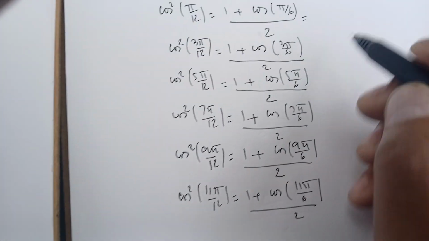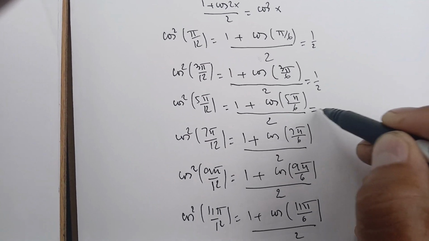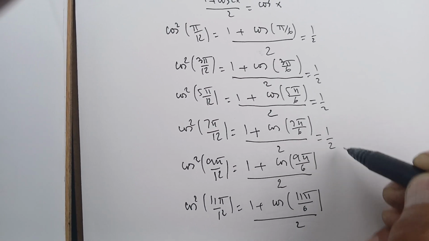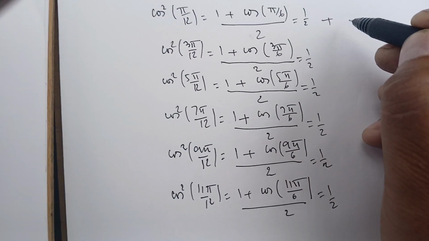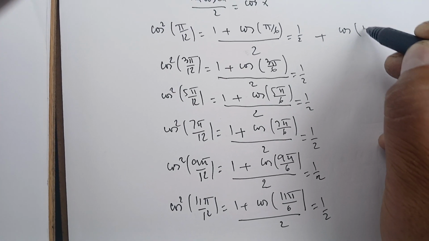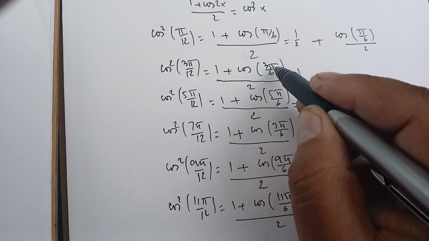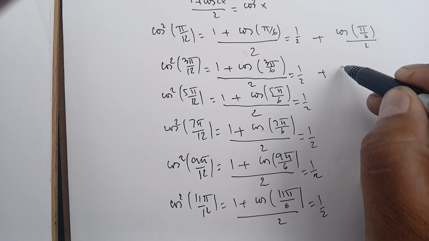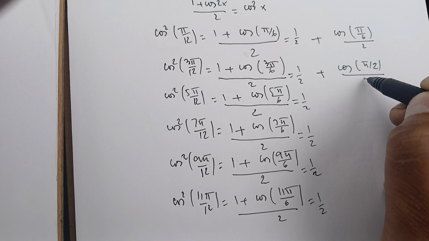Here, I'm going to put the 1/2 on the side for all of them. The 1/2, we're going to need it. So 1/2 times the sum, and here we start to simplify. Cosine pi over 6, over 2. This one here, cosine 3 pi over 6, that's cosine pi over 2, over 2.